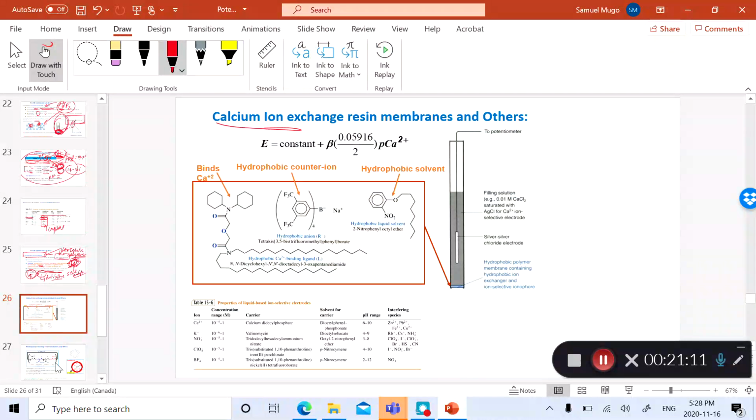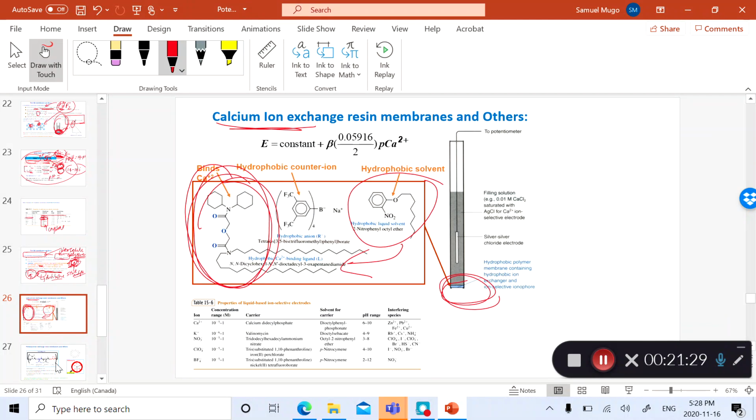You can even make a calcium ion exchange resin, based on using a molecule that looks like this. And then you've got a plastic and a solvent that can dissolve plastic. And this ionophore is part of that plastic. And you can see you make that membrane that way. And the rest is the same, silver chloride reference electrode.